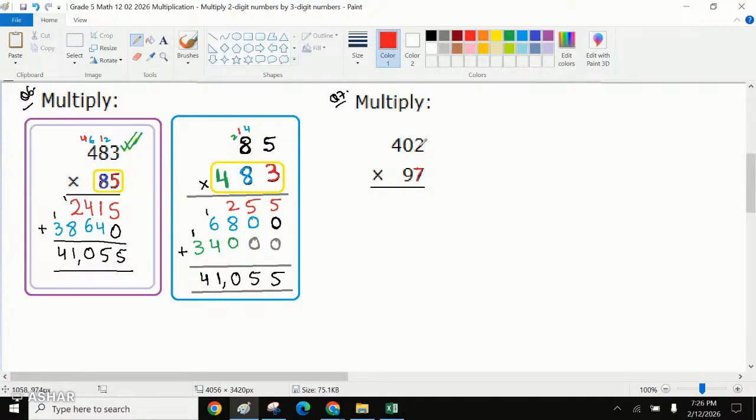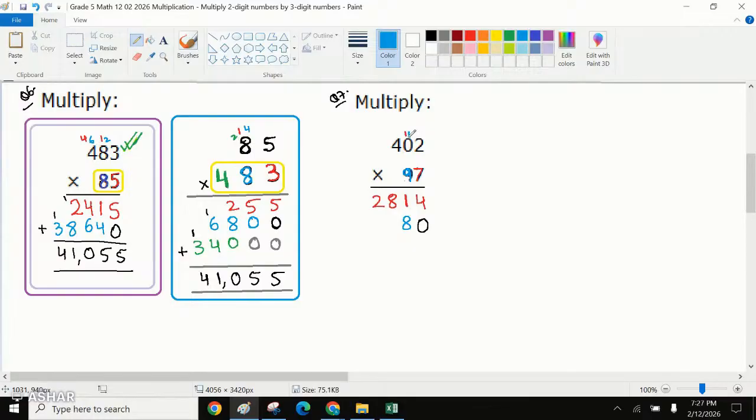7 multiplied by 2 is 14. 1 is carried. 7 multiplied by 0 was 0. 0 plus 1 is 1. 7 multiplied by 4 is 28. When we multiply the tens, this is the tens, 9, so we have to put a 0 over here. 9 multiplied by 2 was 18.